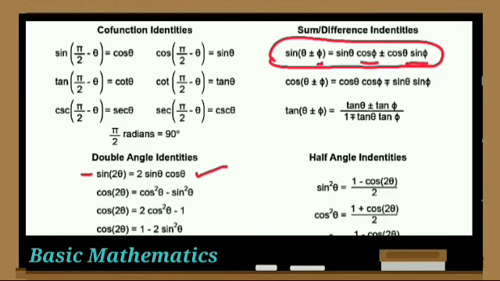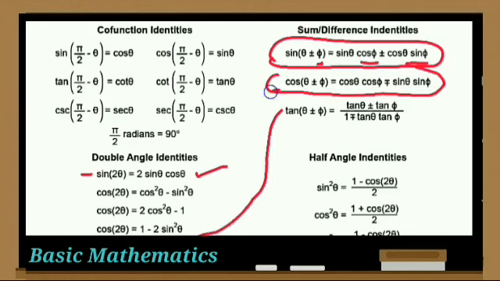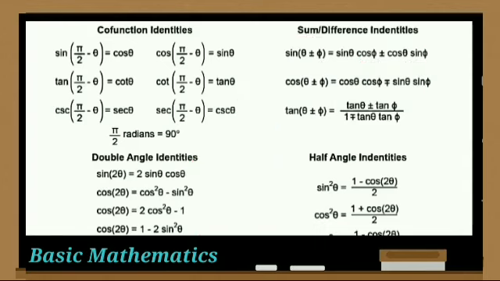Okay, now as you can see, cos of theta plus or minus phi equals cos theta cos phi minus or plus sin theta sin phi. As we put theta in the place of phi, then we can derive all the equations by some different identities.